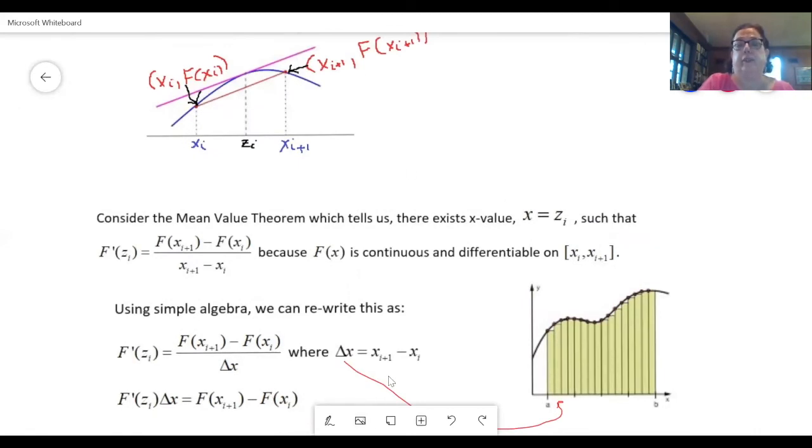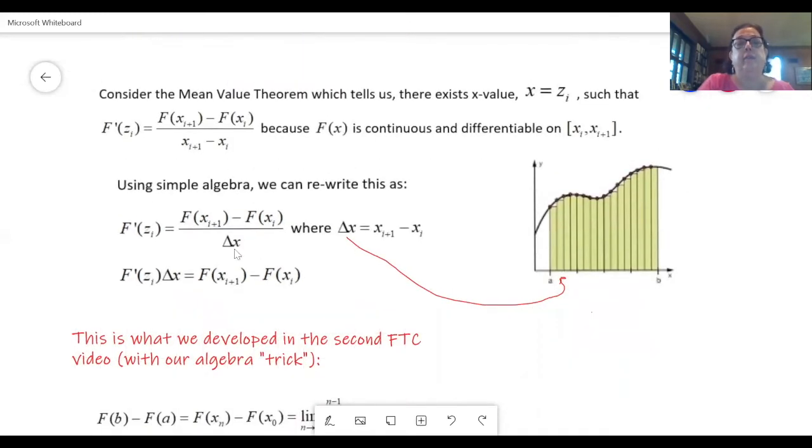Delta x is always the difference between adjacent x values. And then I can multiply both sides by delta x and get an equivalent expression for every pair: f of x sub i plus 1 minus f of x sub i. We could replace that with the derivative of f at z times delta x.